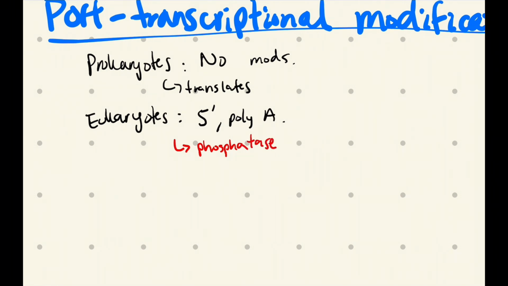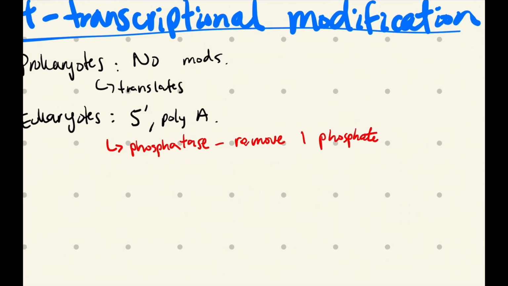no, that's an A right there, phosphatase, and that's going to remove one phosphate from your 5' end. And after you remove that phosphate, now you can actually add your 5' cap, right? So you're going to have your guanylyl transferase.